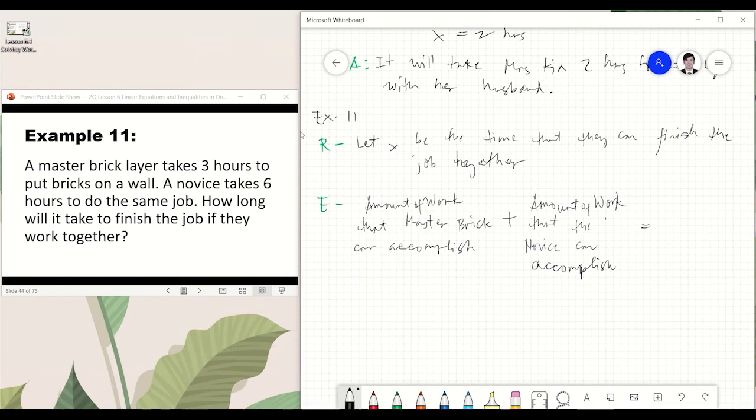And then as a representation that they will help each other, yung amount of work na ma-accomplish nila, dapat magresulta yun sa 1. Kasi 'di ba they will be helping each other to finish one task. So this is just one task at a time. So kaya 1 yung right side natin palagi.